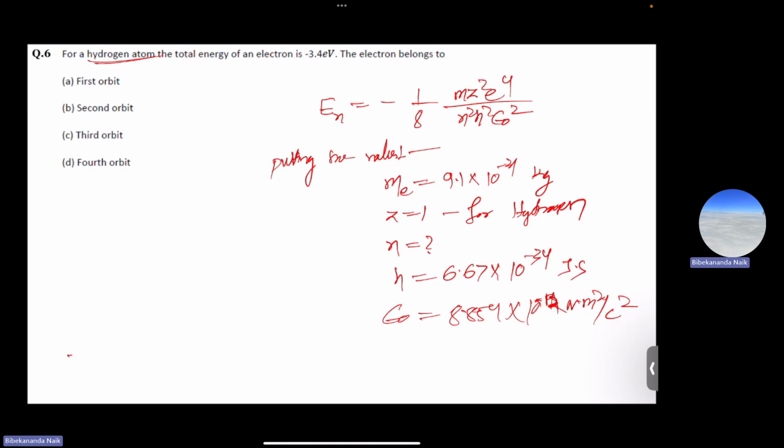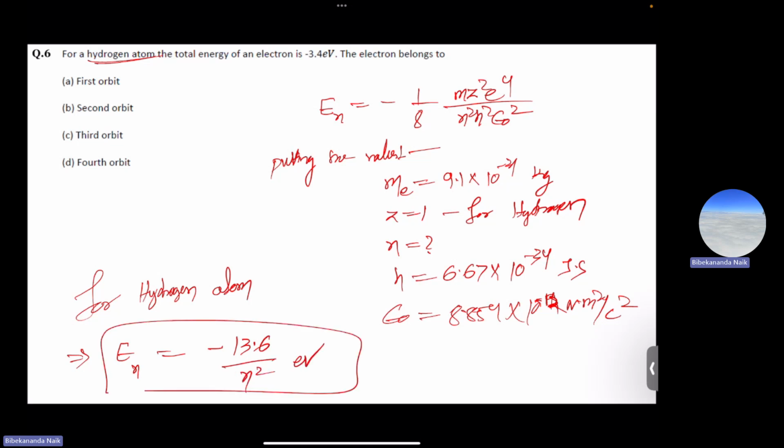So if we put all these values, we will get for hydrogen atom, the value of energy of the electron is given by minus 13.6 by n square in electron volt, where we have put 1 electron volt is 1.6 into 10 to the power minus 19 joule. So this is the conversion factor from electron volt to joule.